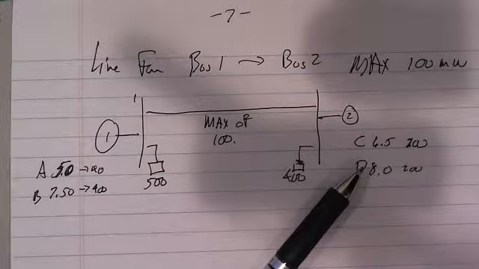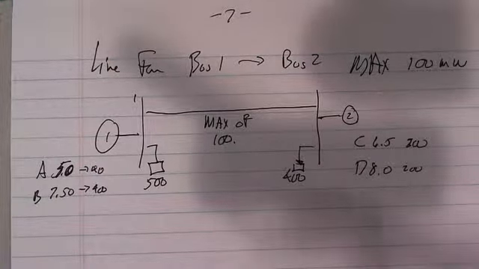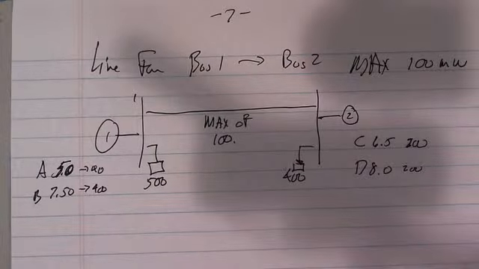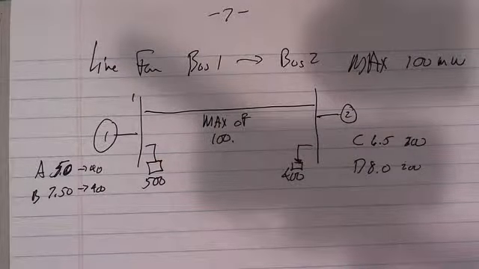So you don't want to push too much current through because the line will begin to sag, and you can damage the line or cause it to sag so much that it arcs to the ground, causing what we call a ground fault. All right, well here I am now, and I've got a maximum of 100. Let's go through the same process again of loading this up. And you remember that when I did it this last time.